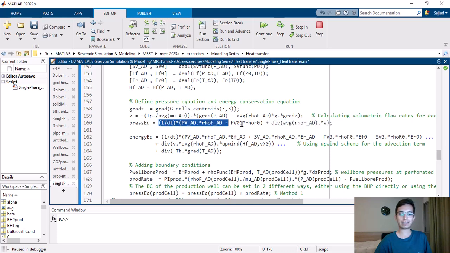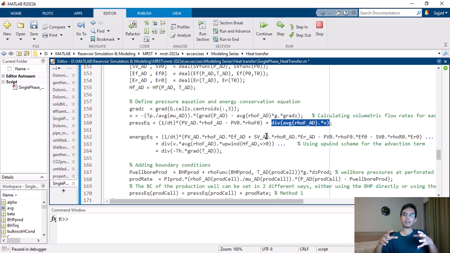What you see here at the beginning of the pressure equation is the accumulation term of water, and this is the advection term of water, which accounts for the inflow and outflow of water into the grid cell that we have or out of the grid cell that we have.